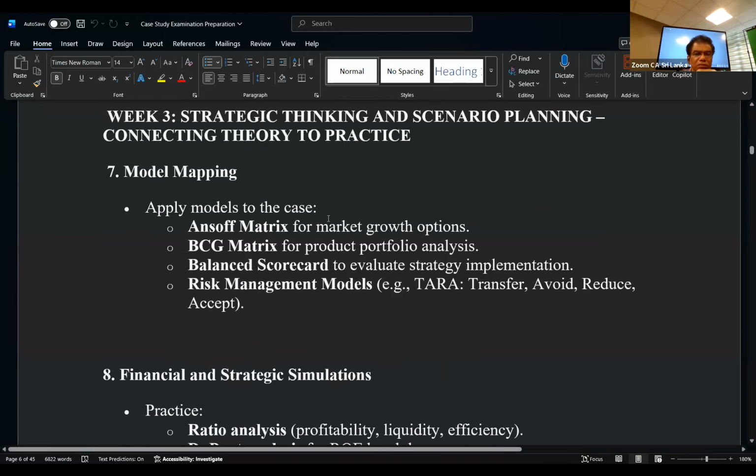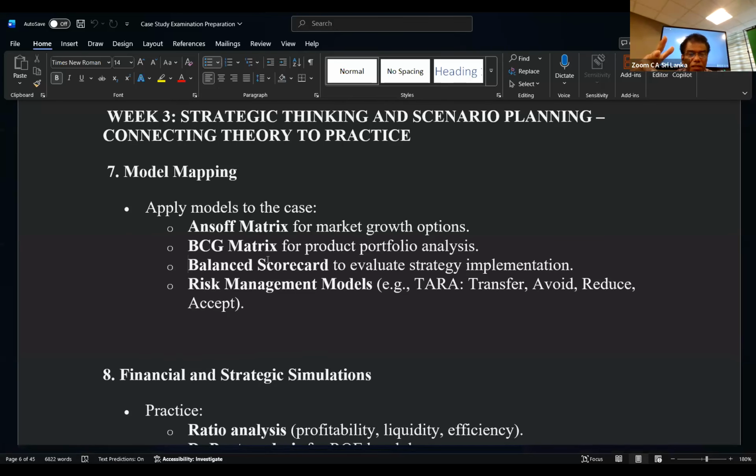Apply the model to the case, and some metrics for market growth options. This is where most students mix things up. Growth models, sometimes BCG matrix; where the BCG matrix should be applied, you apply it. Whenever growth-related things are asked, sometimes it's not the BCG matrix to be used, but something else.